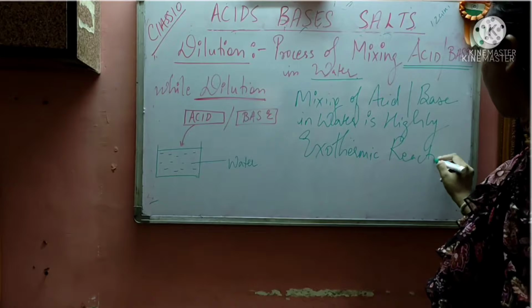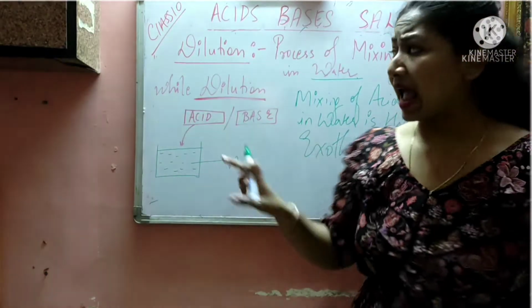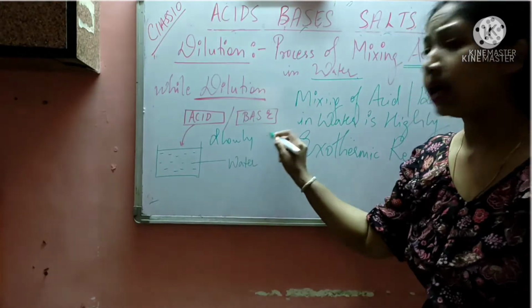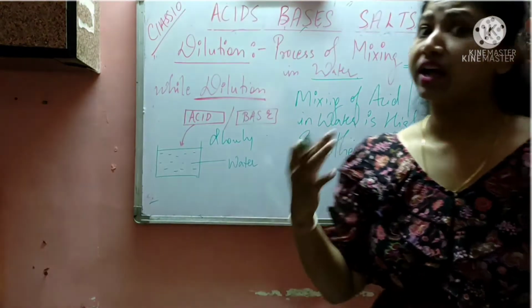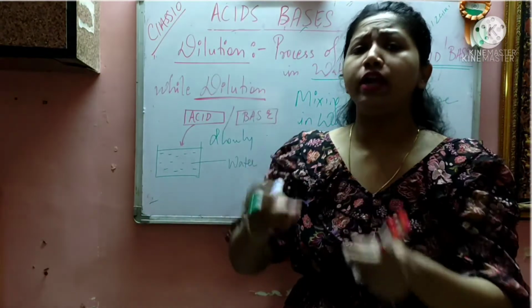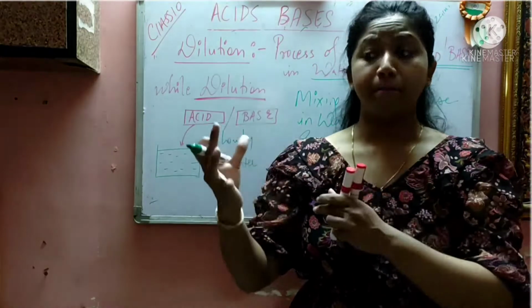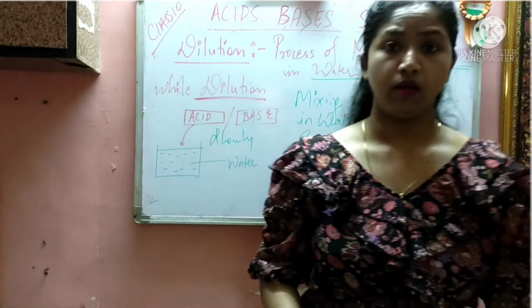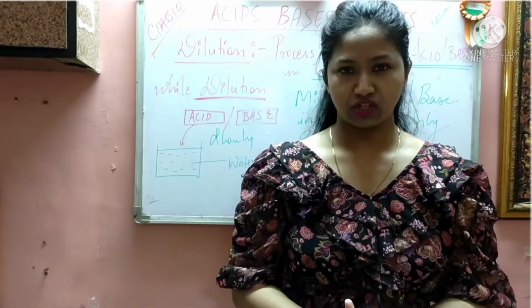Why should you always add acid and base, that too slowly, into water? Because this mixing of acid and base in water is a highly exothermic reaction.